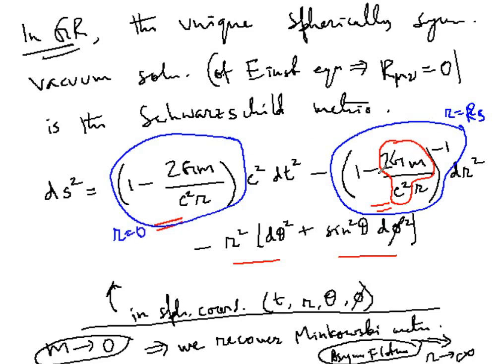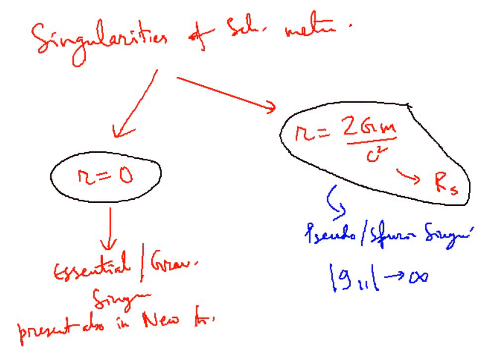So there are two singularities. This one is essential, right? And this one is your pseudo singularity. Fine. Now you see, sometimes this is also called coordinate singularity.